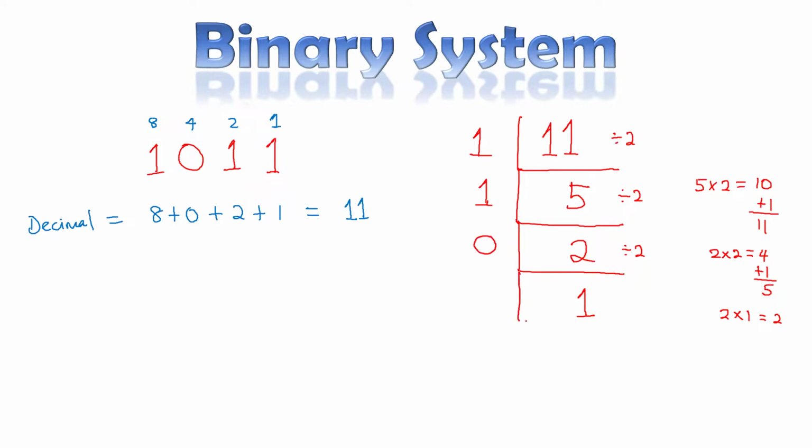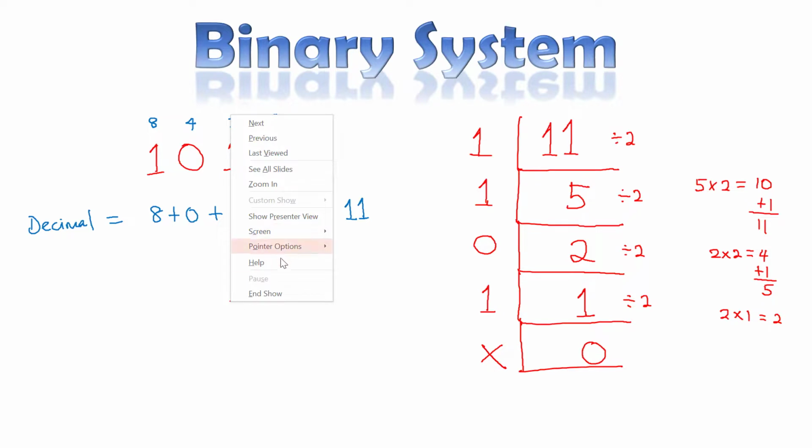And finally, I will divide this one more time by 2. If I divide this by 2, I will get a quotient of 0 with a remainder of 1. And once you reach 0, that's the end of it. Do not write anything here. And how do you read this number in the binary system?